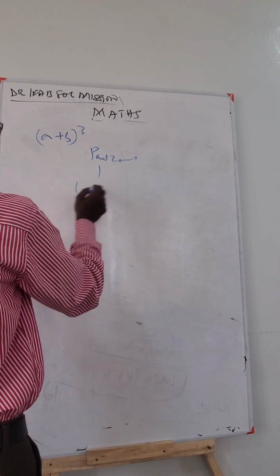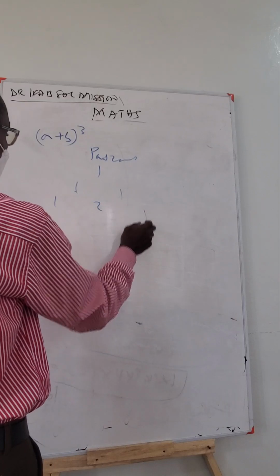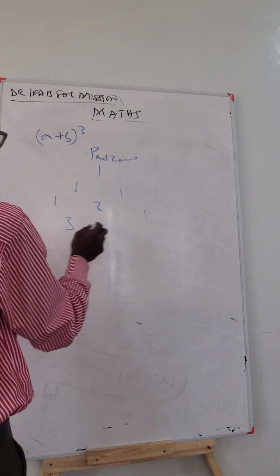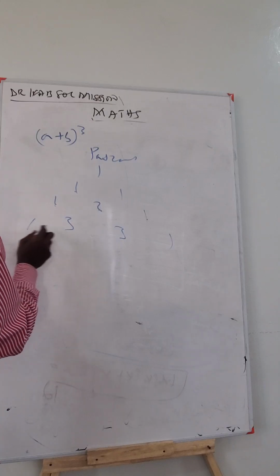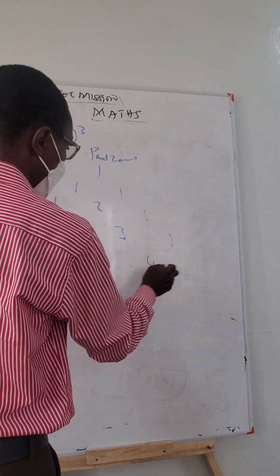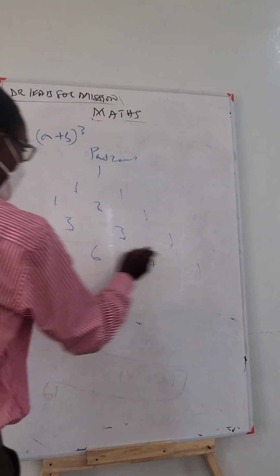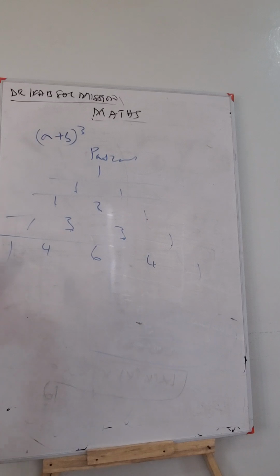So 1, 1, 1, then 1 plus 1 is 2, then put 1 here. 1 plus 2 is 3, 2 plus 1 is 3, then put 1 here. 1 plus 3 is 4, 3 plus 3 is 6, 3 plus 1 is 4, put 1 there. This is what we call the Pascal triangle. When you do this, it gives you the coefficients.